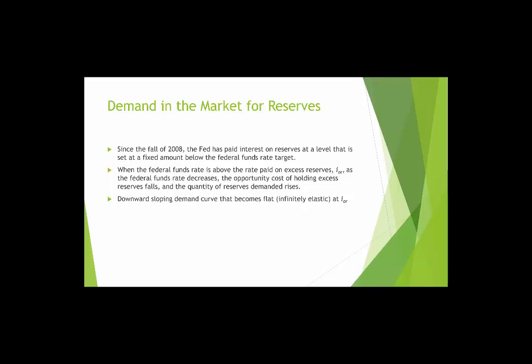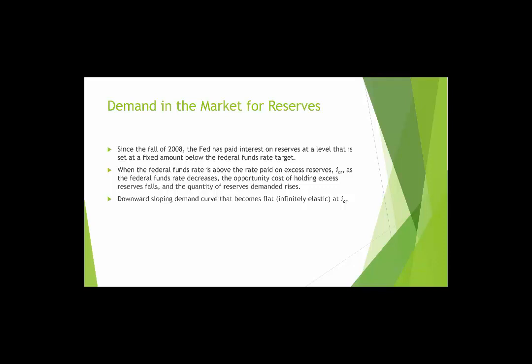So in other words, the IOR is like a fixed amount, because if the interest rate to lend is higher than the interest rate the Fed is going to give you, then obviously you're going to lend that out, right?